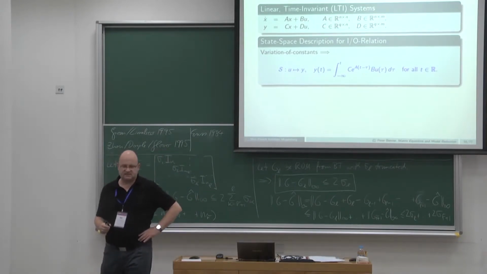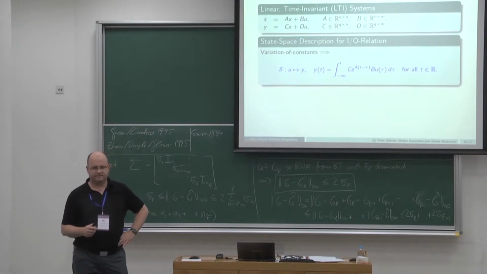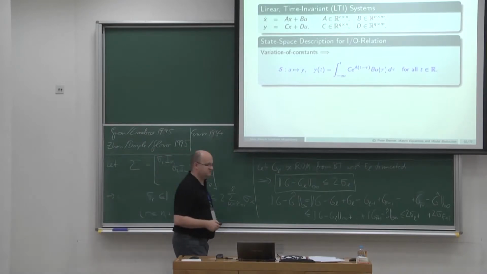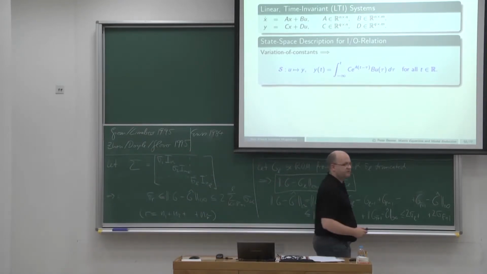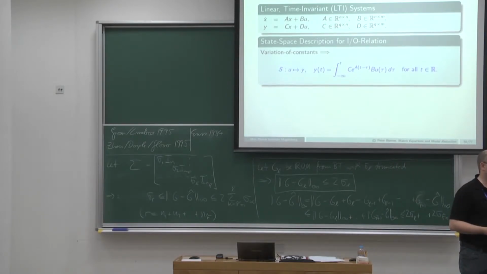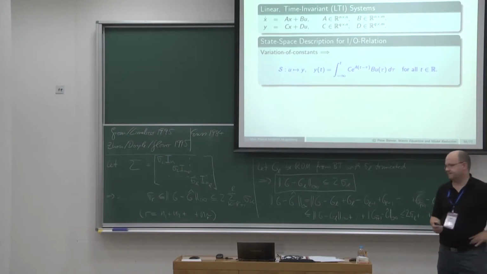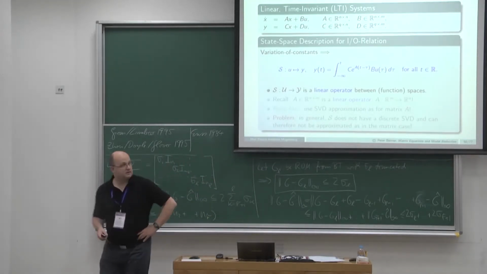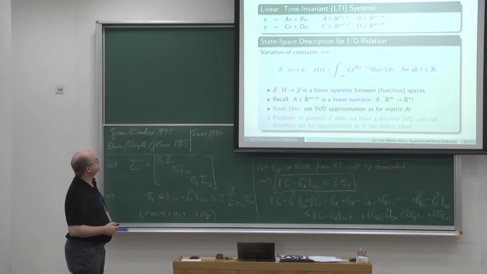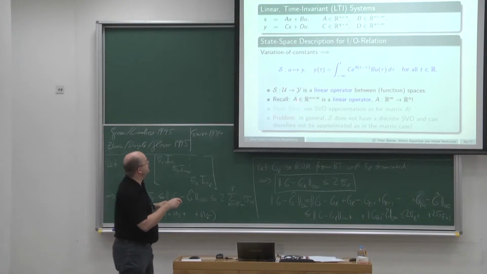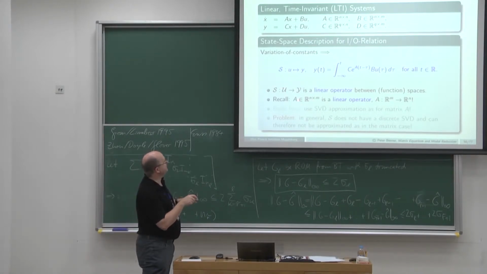That operator S is not a very nice guy. In particular, it doesn't have an important property that you want to have if you want to define singular values for infinite objects, for operators in function space. It's not compact. So that operator is not good for our purposes. So in order to see the analogy to the SVD as approximation tool for matrices, you have to see the analogy between linear operator and matrix.